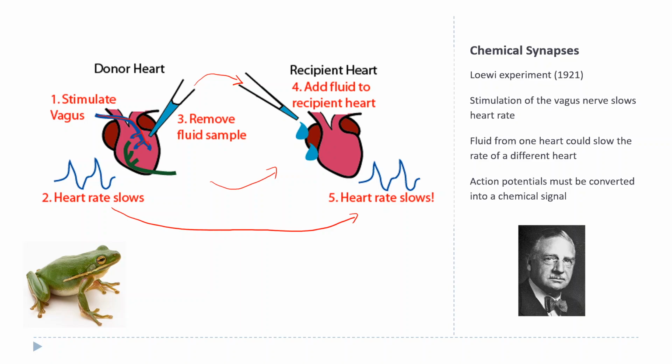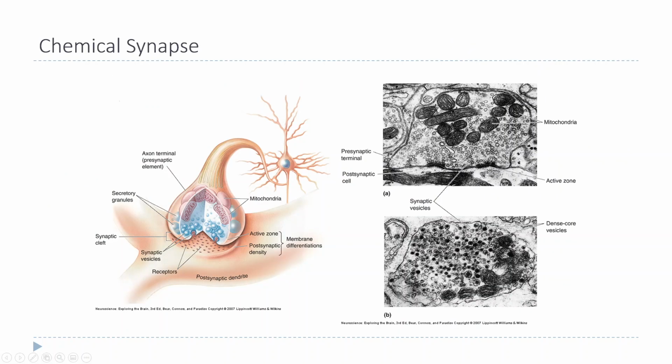Now, of course, this is a specific kind of synapse, but many other experiments have established that this is exactly how most synapses in both the peripheral and the central nervous system work. One neuron releases a chemical that causes the cell on the other side to react in some way. And so this is what we mean by chemical synapses.